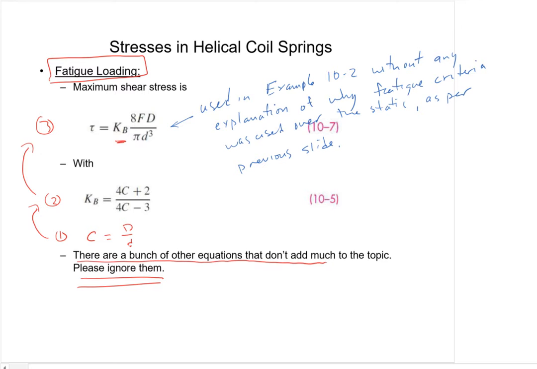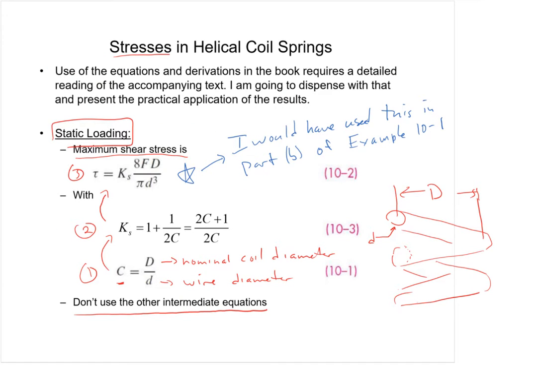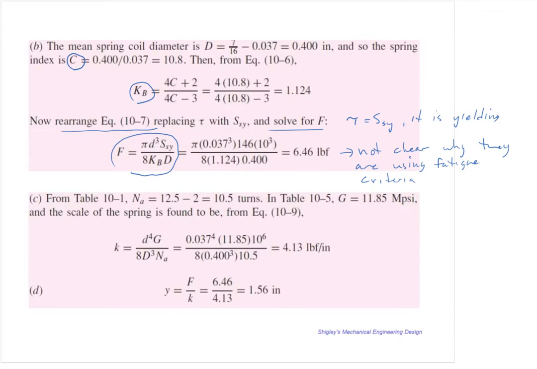Like I said, I would have used this instead. So just keep that in mind as you go through this, that for some reason, in an unexplained fashion, they're using the fatigue version. This is the fatigue version.